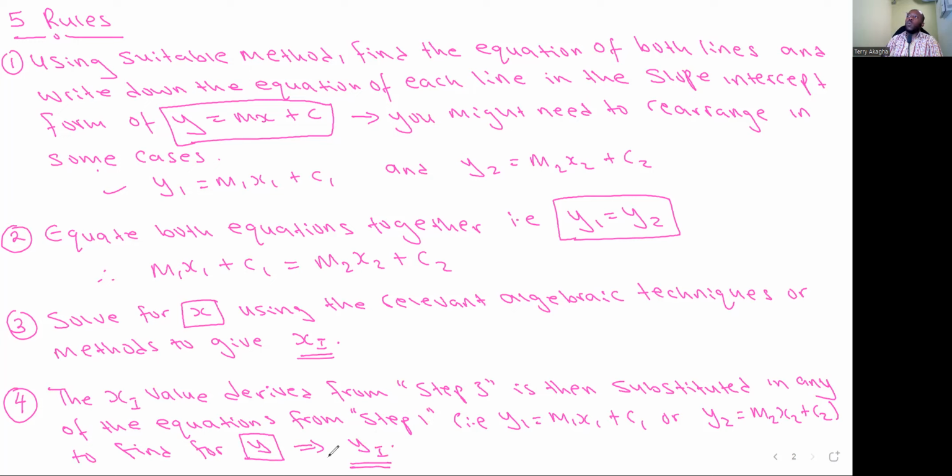So that means you solve for x first from step 3. The answer you get for x, you now go to the original equation to substitute. Okay, then when you're done with that, number 5, you then have to rewrite the coordinates in the form of xi, yi. Is that right?